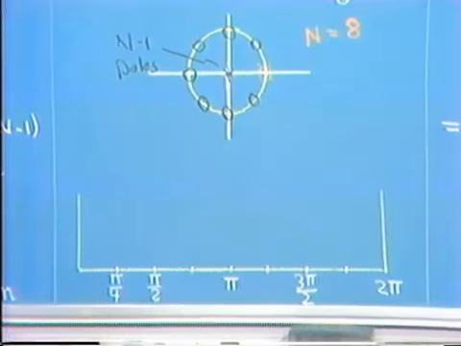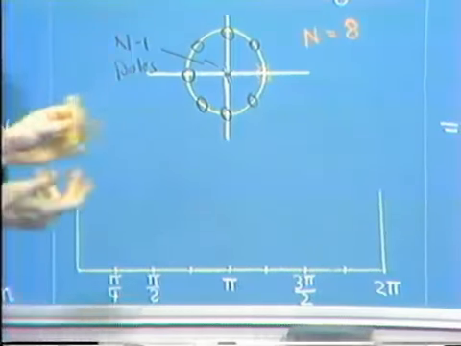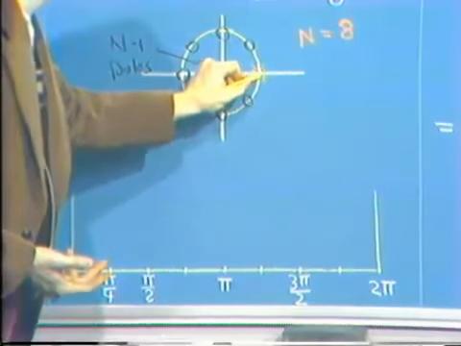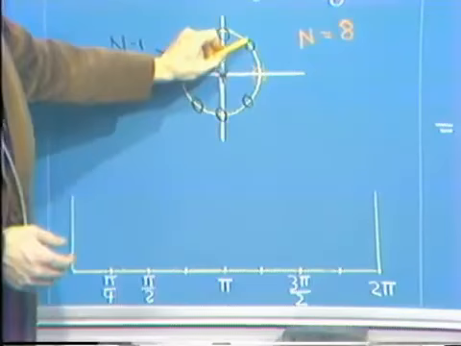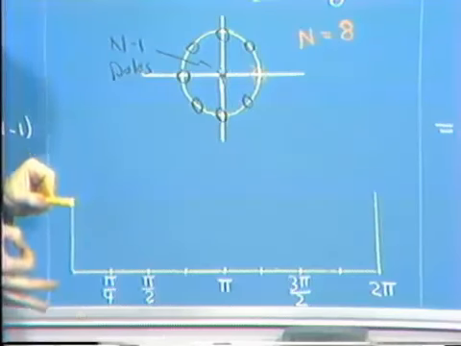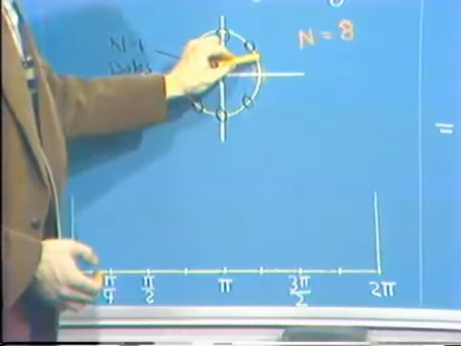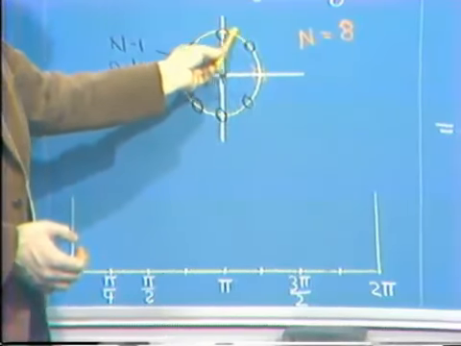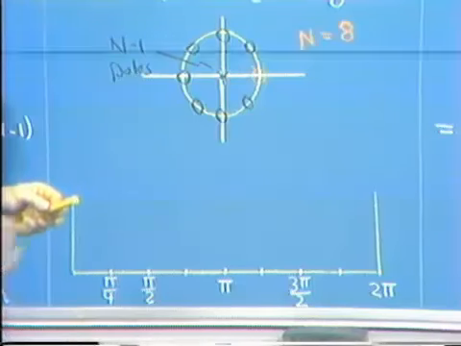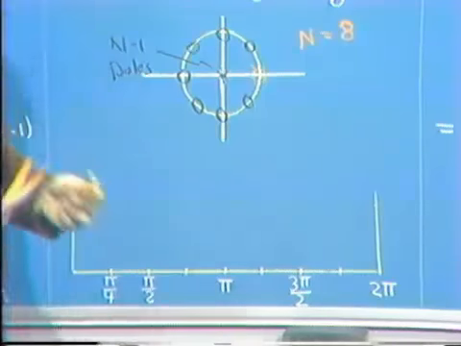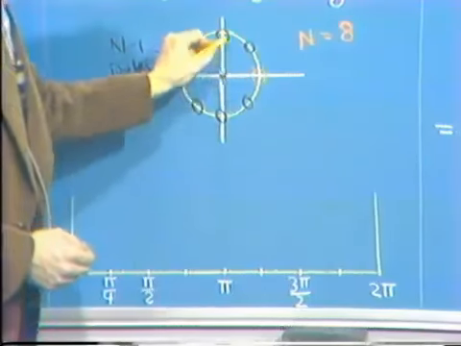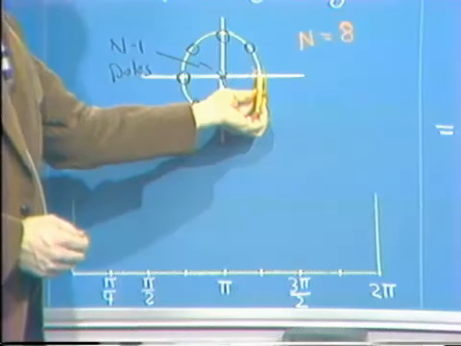Furthermore, you can see that at least it's not implausible, actually we really could argue this somewhat precisely, that at omega equals 0, that's the place where we're the farthest away from all the zeros. As we start moving around the unit circle, if we're in between two of these zeros, maybe we're a little farther away from one of them, but we're closer to another one. And in terms of the product of the lengths of the zero vectors, that will tend to stay smaller than the product of the lengths of the zero vectors at z equals 1.